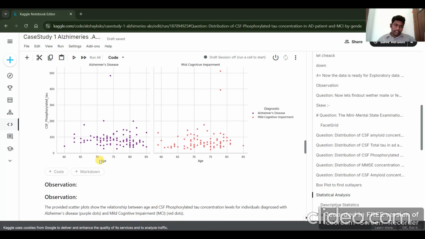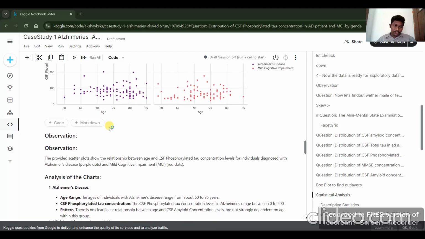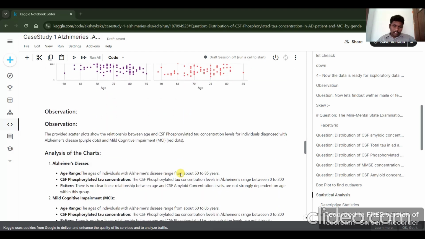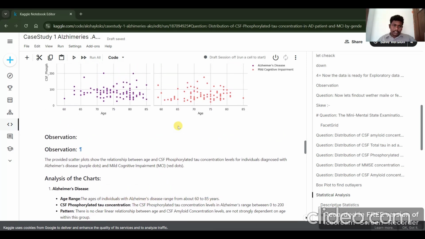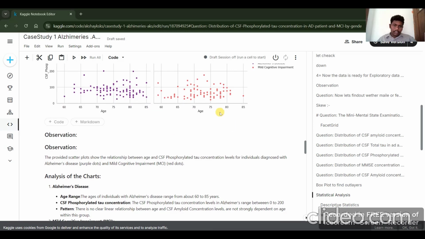Its range is 0 to 200, and the MCI range is 0 to 200, and these are 60 to 85. Alzheimer's disease individually 60 to 85 here.